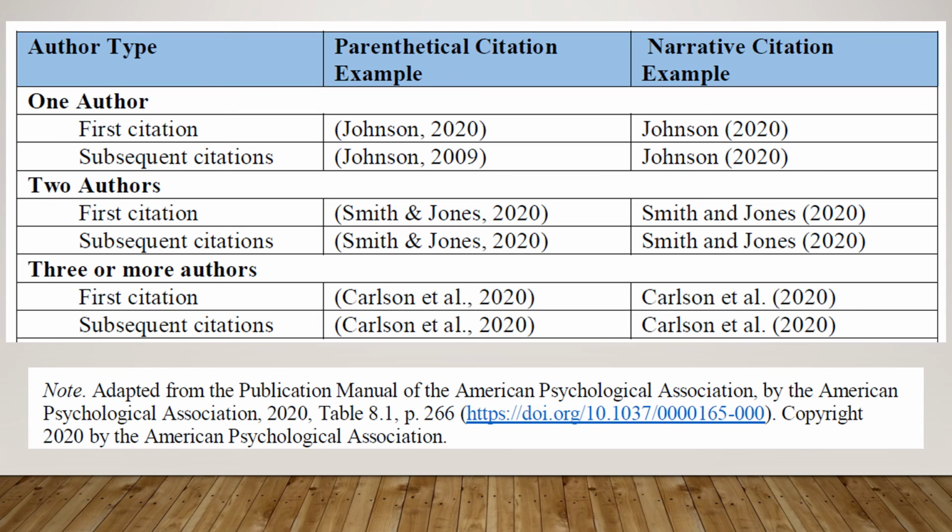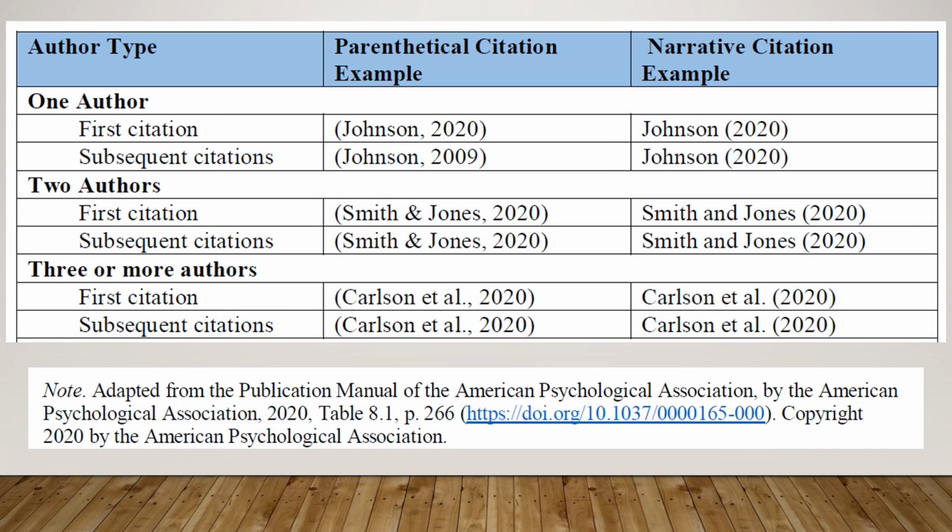For the citation, this will help you with identifying the parenthetical or in-text citation. This is the 7th edition. This has whether it's one author, two authors, or three or more authors, and the only time that it's different is how you utilize it on your slide.